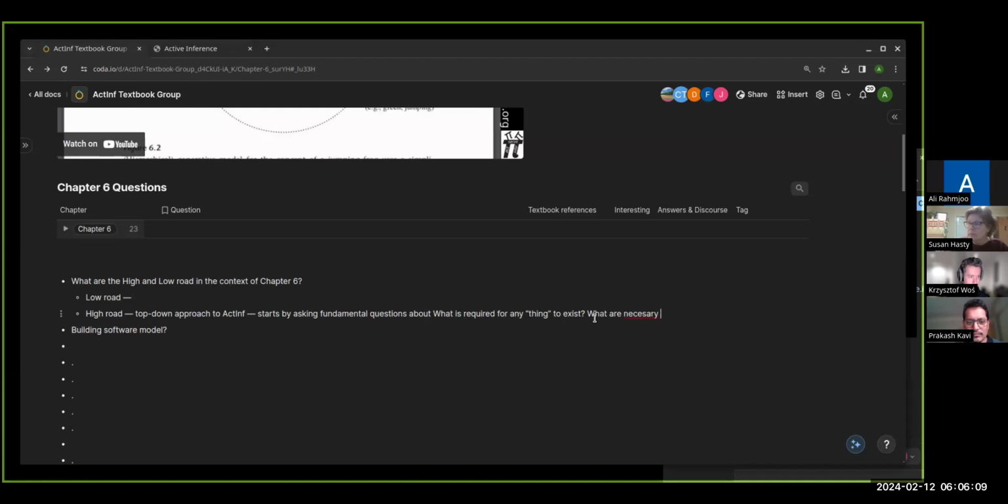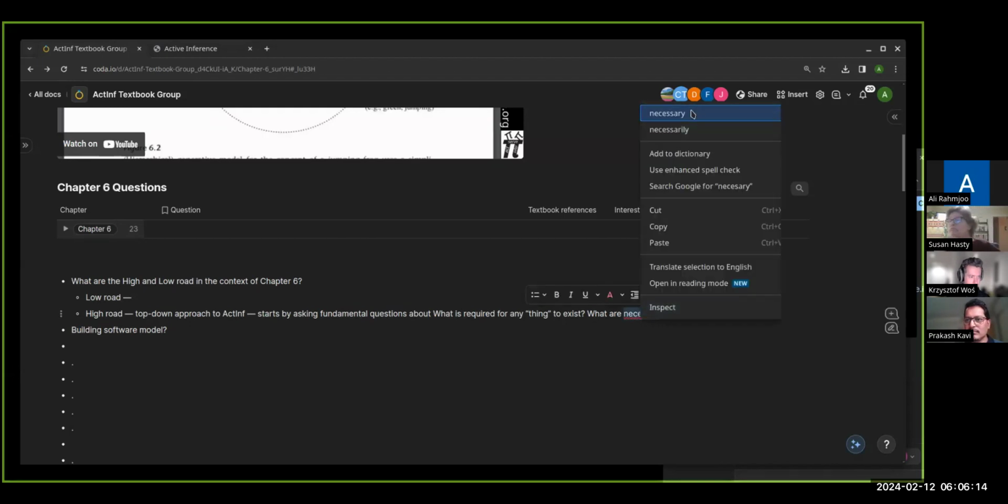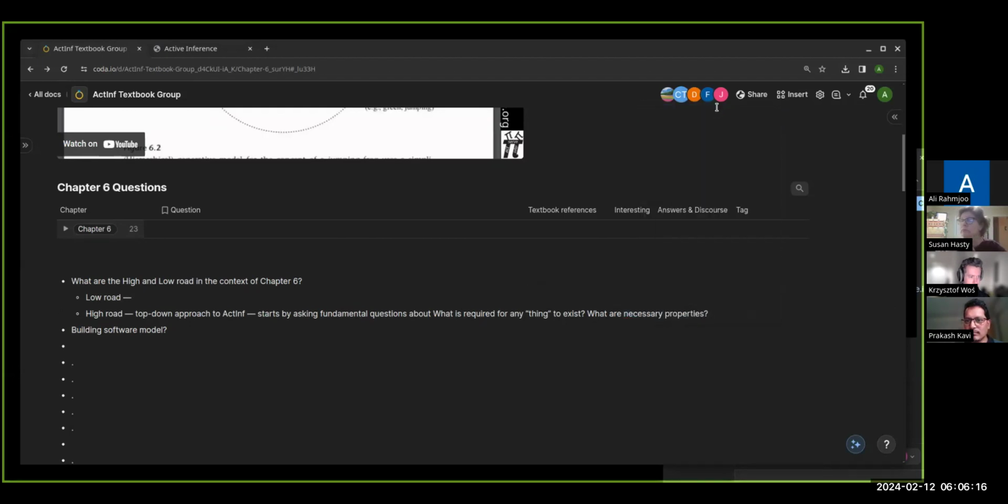So by beginning from, as Friston himself would call it, a near existential nihilism, it gradually begins to build some framework which can account for any sentient behavior that an agent must possess in order to possess its integrity and to persist through time. So that's basically the premise of the high road.